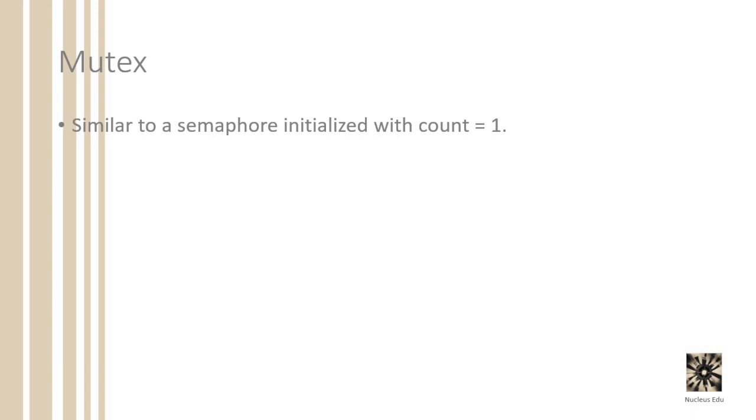So you might have read in many places that a mutex is basically a binary semaphore, and that is true to one degree, but there are some differences, even theoretically and especially in the Linux kernel's implementation of mutex, when compared to the implementation of semaphores that we discussed in the previous video.